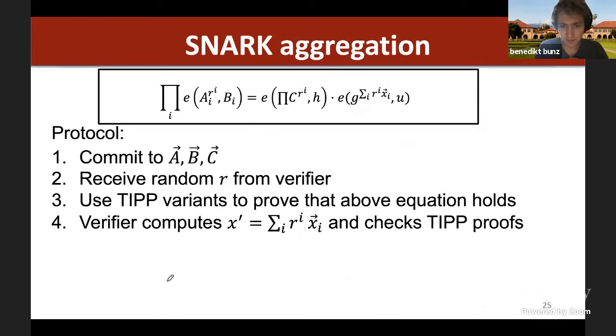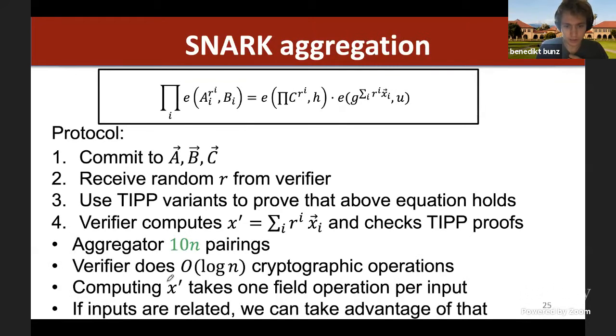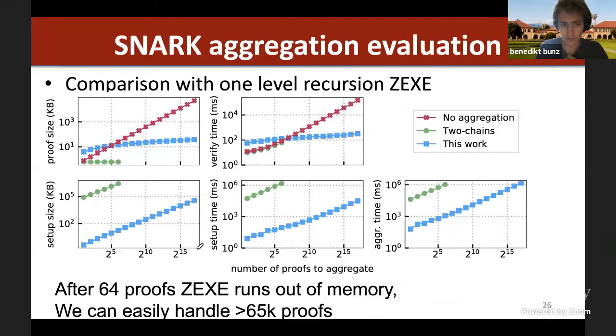And the key benefits of this protocol are that the aggregator only does 10n pairings. So the aggregator does not have to rely on expensive NP reductions in order to do the SNARK aggregation.